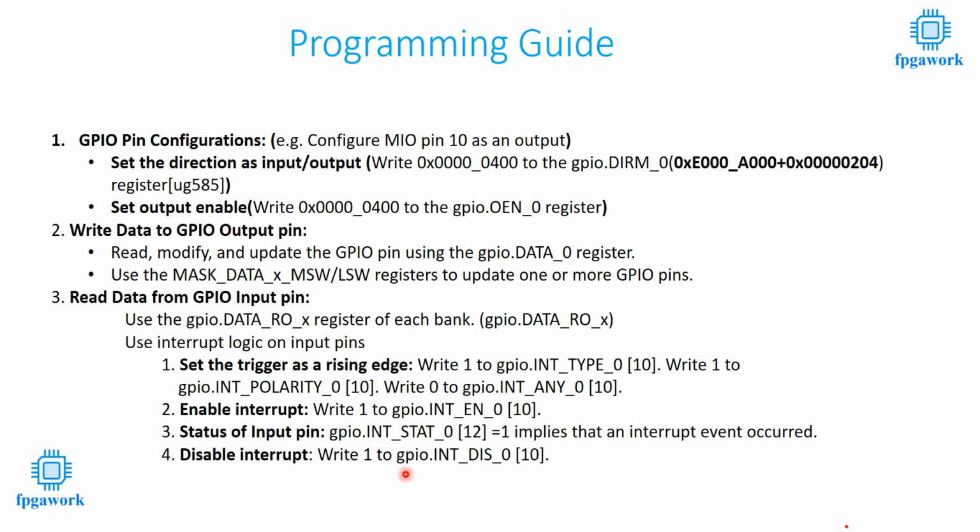We have a good theoretical idea about GPIO banks, about their registers, and a very basic idea of how to program them. In the next part of the video, I will implement GPIO via MIO, and then I will show you how these registers that I have explained in this video can be programmed.